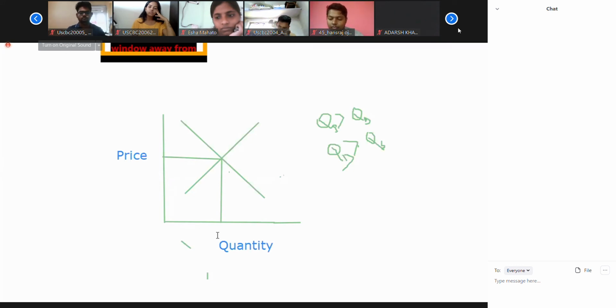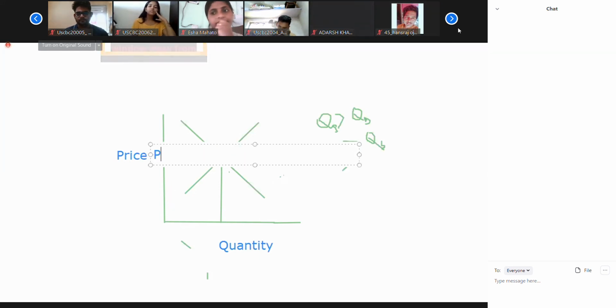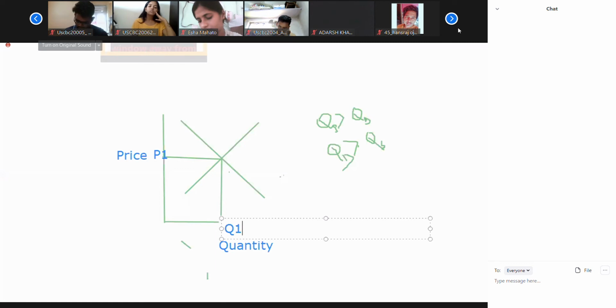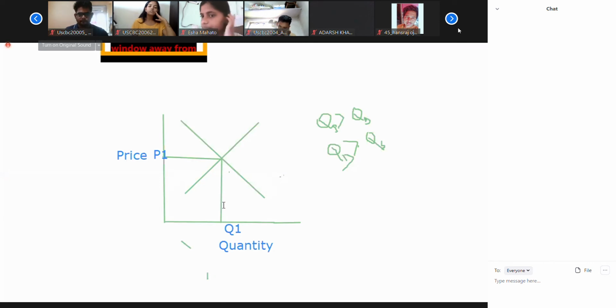Suppose this is the price P1, and here the quantity is Q1. This is the equilibrium quantity we already have. Suppose this is the stable situation. Now we assume the income of the consumer has increased. Then what will happen?